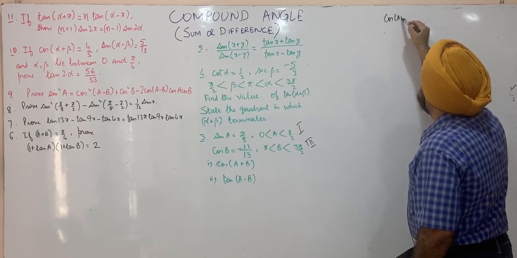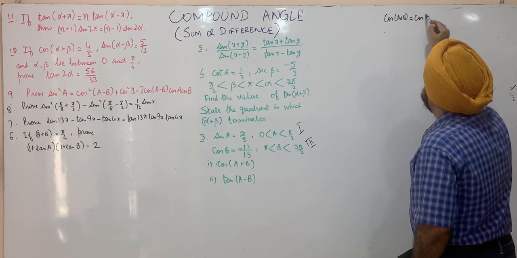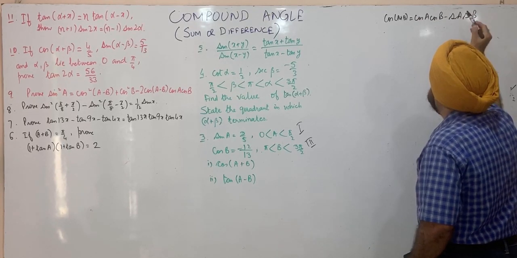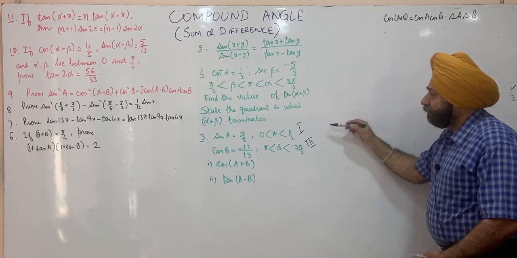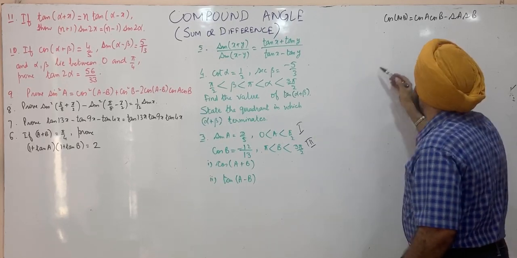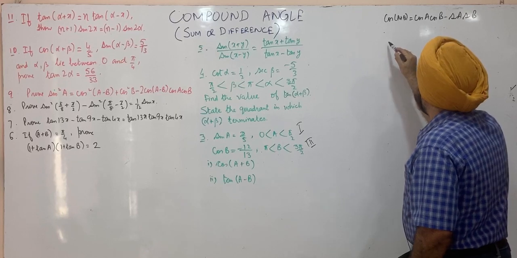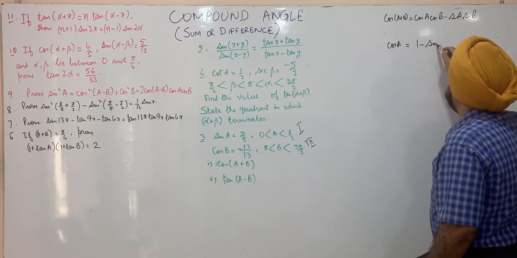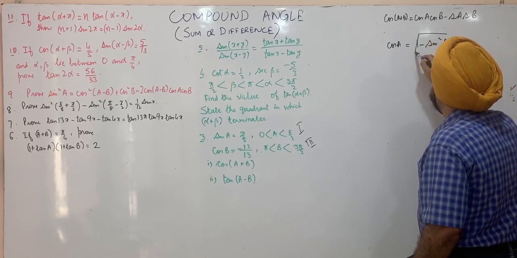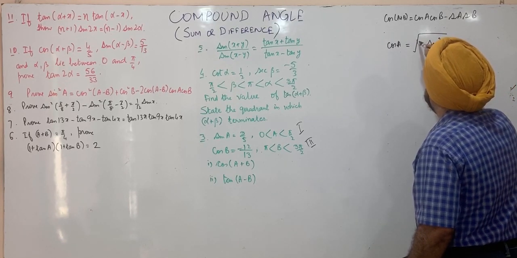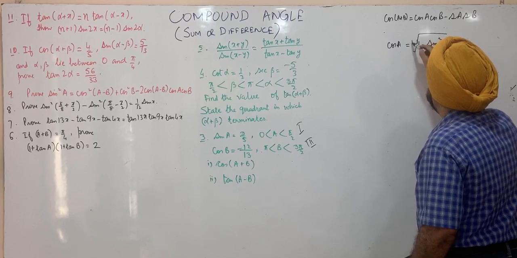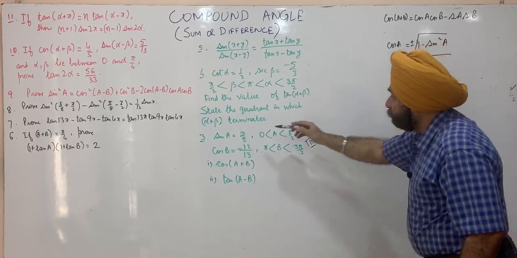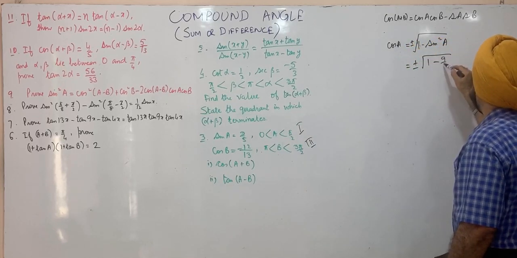Let's write cos(A plus B). This is cos A cos B minus sin A into sin B. We are given the value of sin A, we find the value of cos A. So cos A will be the square root of 1 minus sin square A. Plus minus the root of 1 minus sin square A, which is 9 by 25.